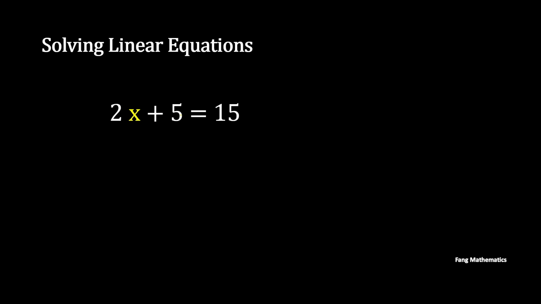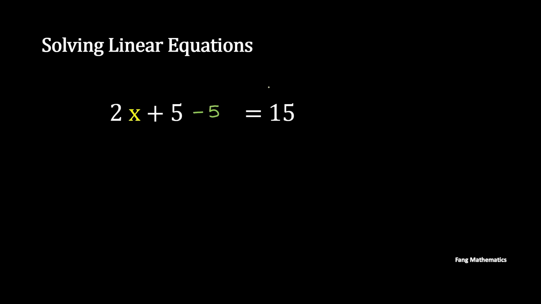So we should start from the last operation that has been done to this equation, or the operation that is the furthest from x. So I believe this plus 5 is the furthest, so we would like to remove the plus 5. So I would like to cancel out plus 5, so I'm minus 5.